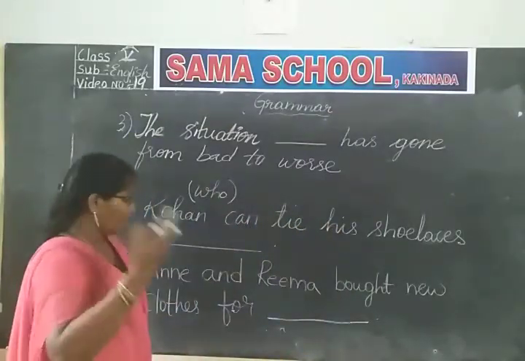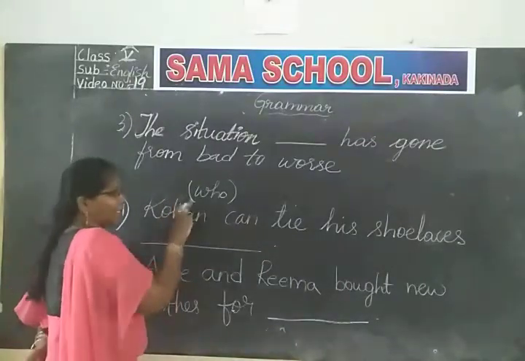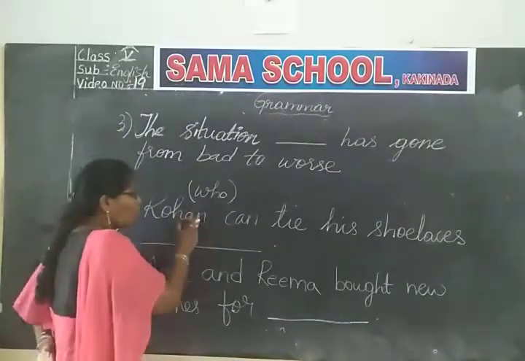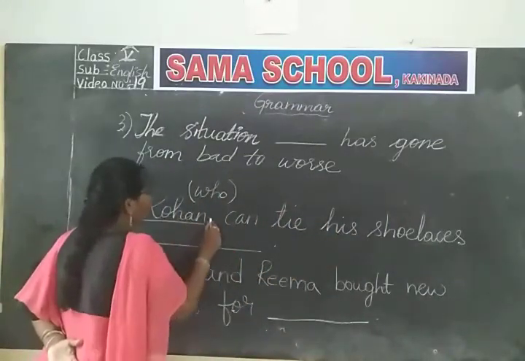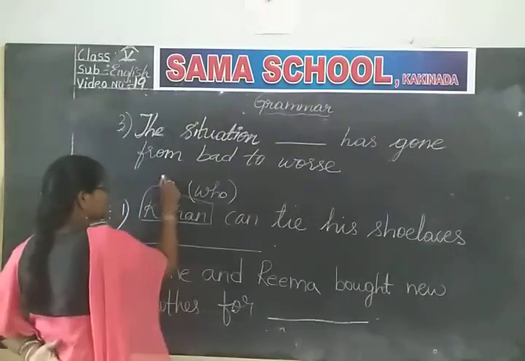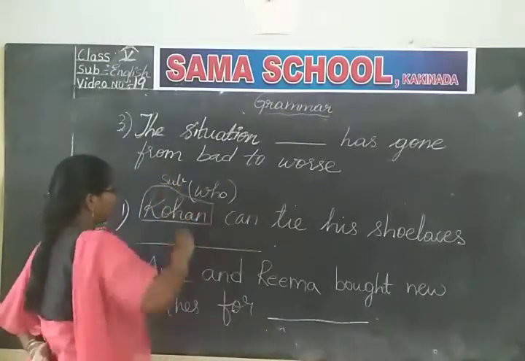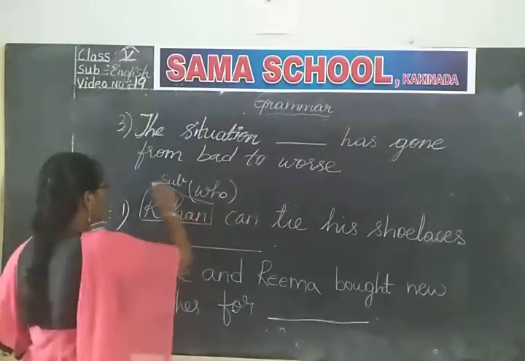So which pronoun do we have to use? To identify that, first you should identify the subject, isn't it? Who can tie his shoelaces? Here the answer comes, Rohan. So Rohan is the subject. This is clear for you. Rohan is a singular noun because it is only one person.